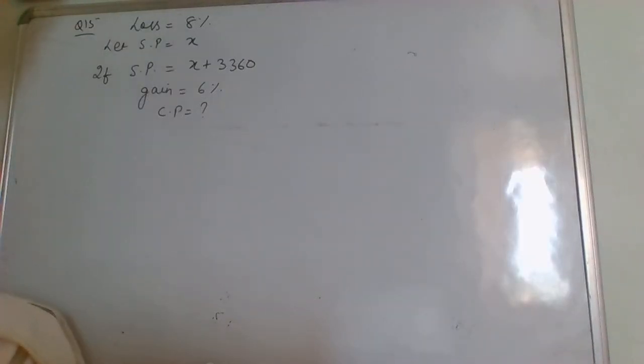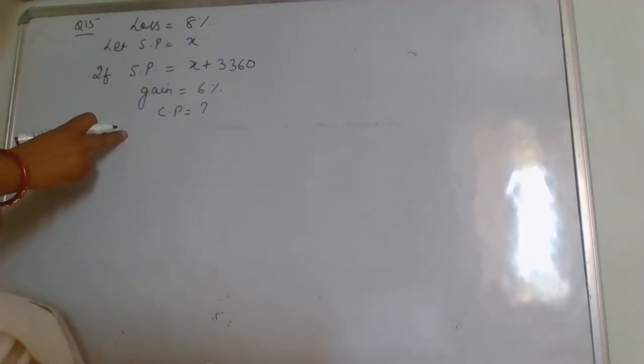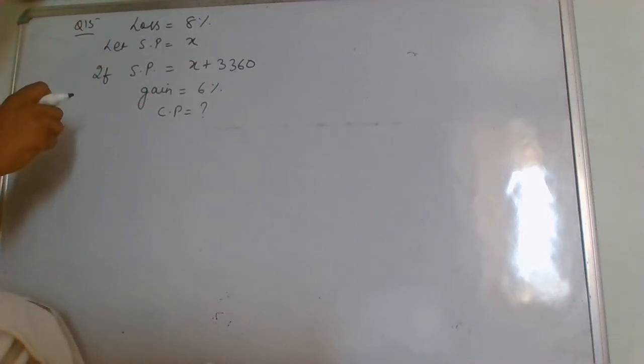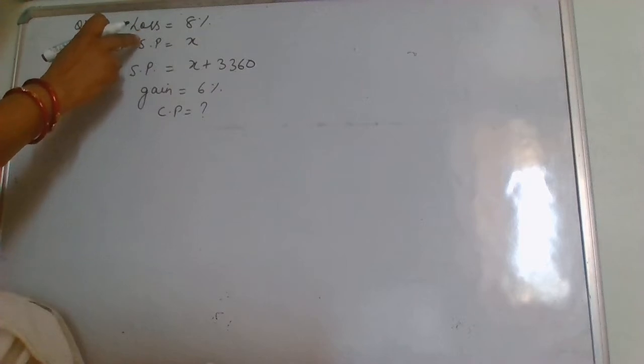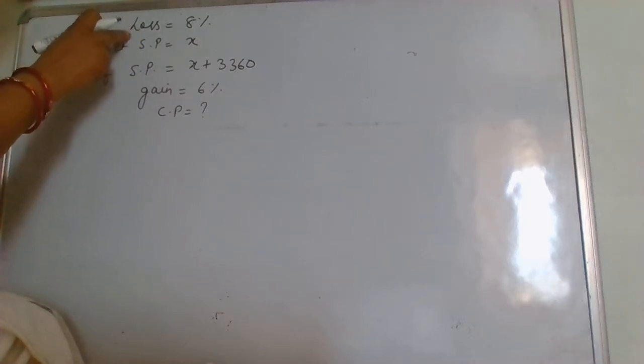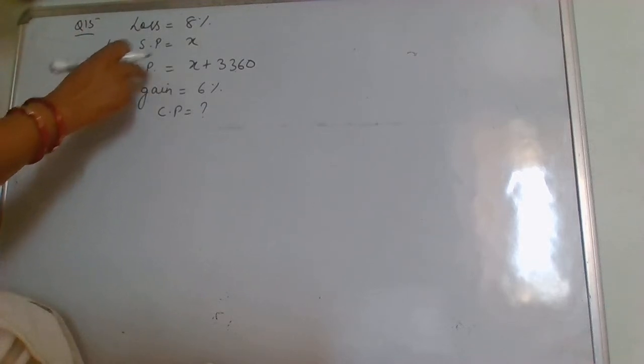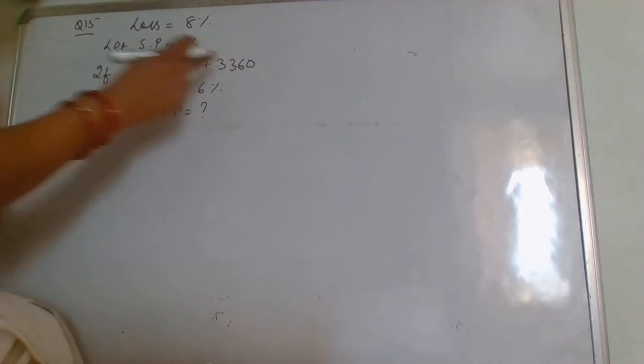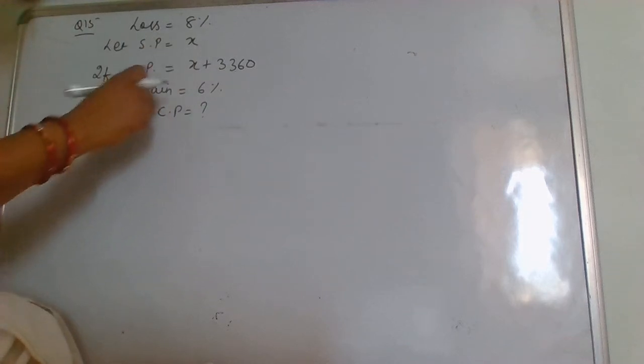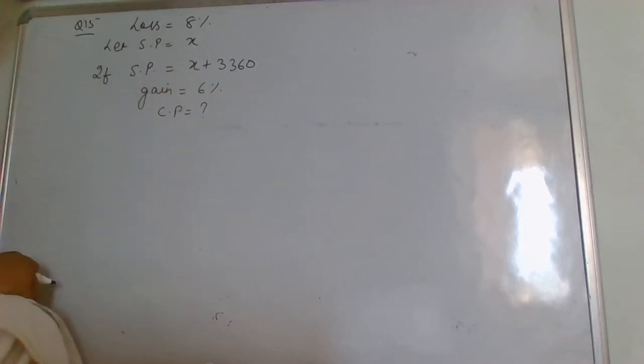Now come to question number 15. It is the same type of question as 14, but here both loss and gain occur. Let the selling price be X. Loss is 8% when the selling price is X, and in the next situation the selling price is X plus 3360, and then we have a gain of 6%.